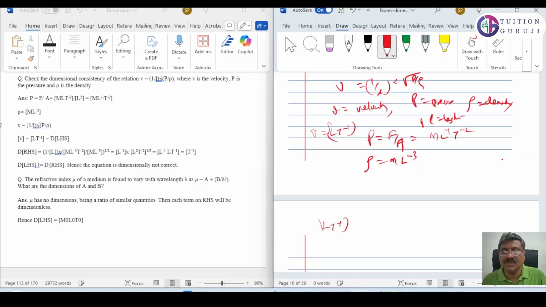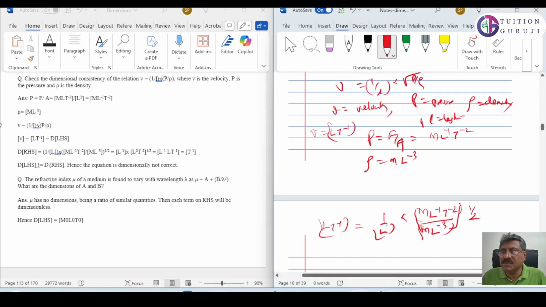L T raised to minus 1 is equal to 1 by L into M L raised to minus 1 T raised to minus 2 divided by M L raised to minus 3, the whole raised to half.